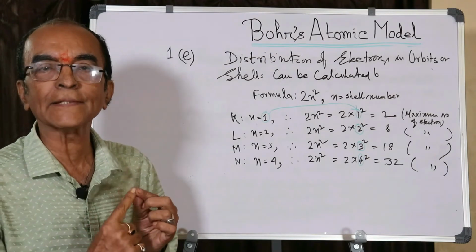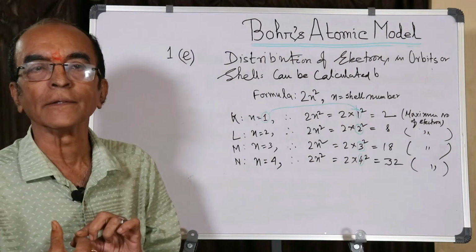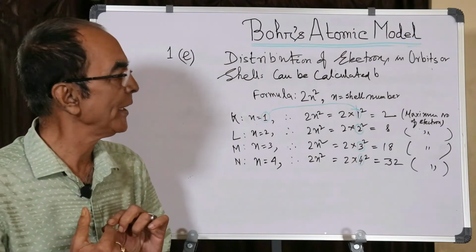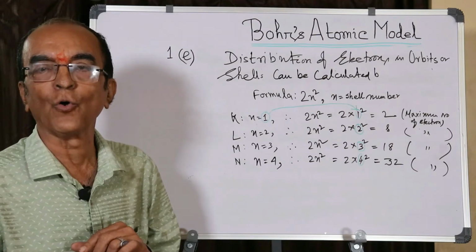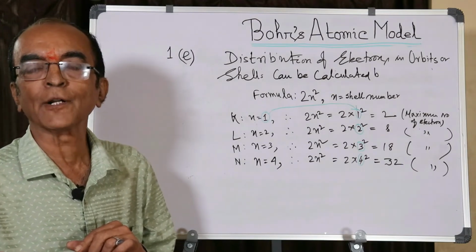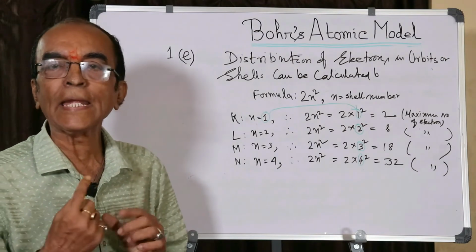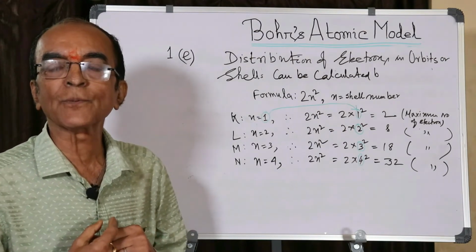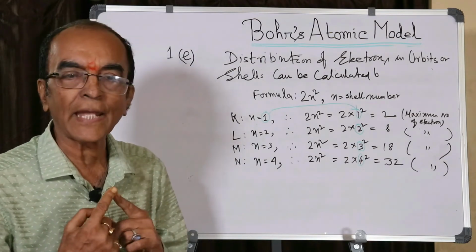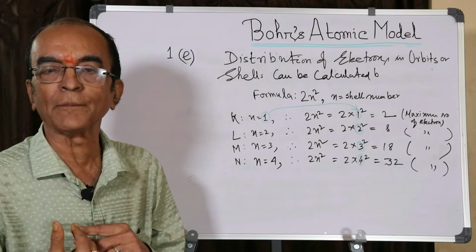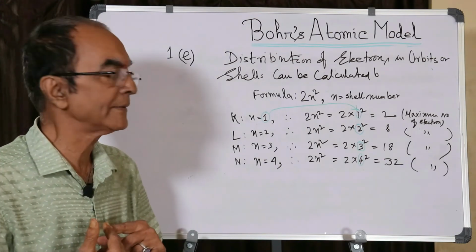In case of the K shell, 2n² where n is 1, that is 2 into 1 squared, means it can accommodate a maximum of 2 electrons. For L, where n is equal to 2, 2n² means 2 into 2 squared, so it can hold a maximum of 8 electrons in the L shell.